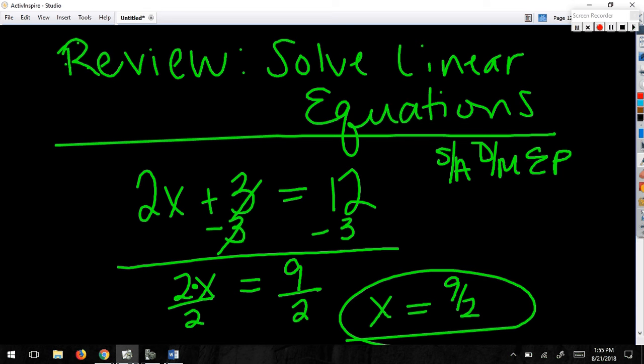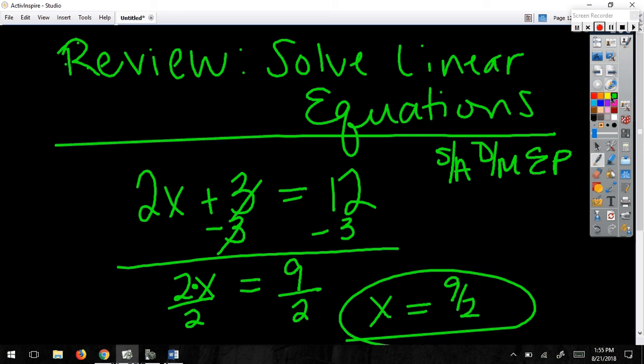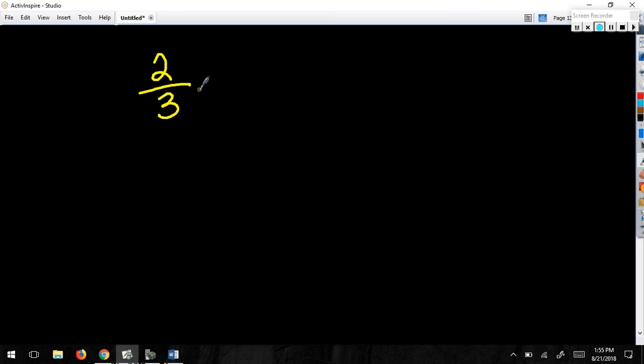Couple little things. What happens if I have a fraction, because I know y'all love fractions. What if I have something like that and I need to solve it for x? Times, you're fixing to say, by the what?